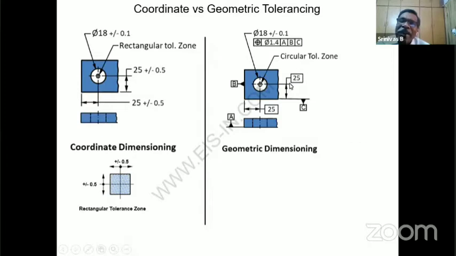These are in ASME terminology called basic dimensions. They do not have tolerance as such directly. However, indirectly, they would derive tolerance from the FCF. This is called FCF, feature control frame. From this, the location tolerance is given for the hole.